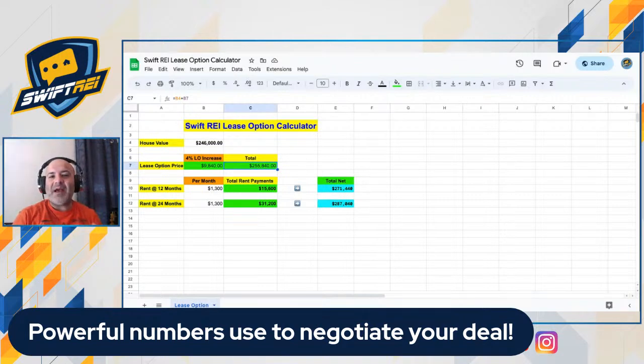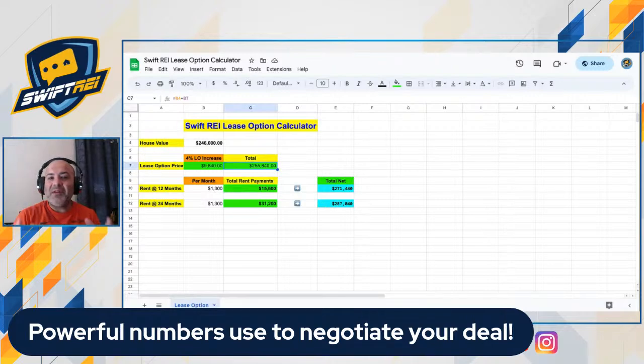At this point you're able to tell them, yeah, I'm going to pay you the fair market rent at 1,300, which equates to this total amount in rent payments, which will net you this amount total at the end of the 12-month term. But you're probably not wanting to do that, right? You're probably just wanting to take the 252 today. "No, I think we can. You know what? I think we can wait." At that point, the wheels start turning, right?